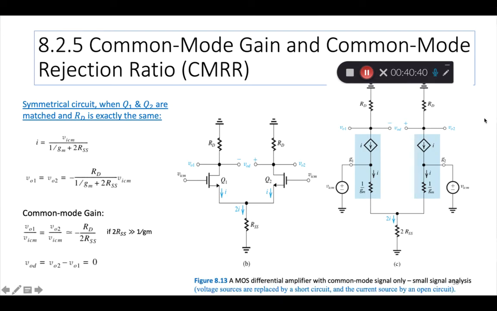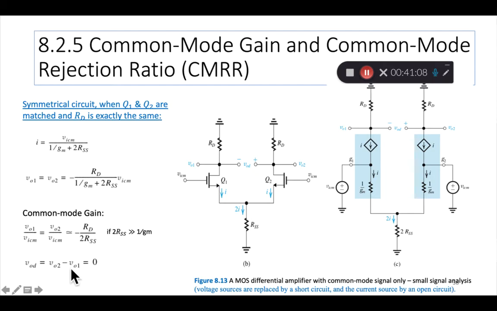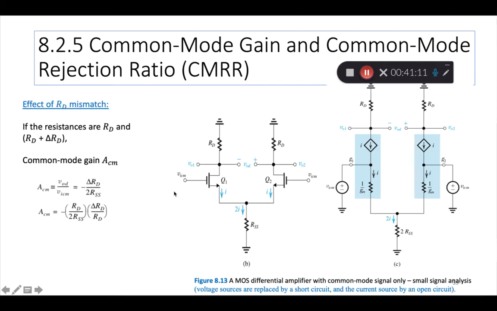Now, in a real circuit, in a real situation, there may be two ways that the circuit is not symmetrical. Either the RDs are not matched and they are slightly different, RD and RD plus delta RD. In that case, the common mode gain, which previously we said was 0, will not be 0 anymore, but it will be a certain definite value given by this ratio, minus delta RD by 2RSS.